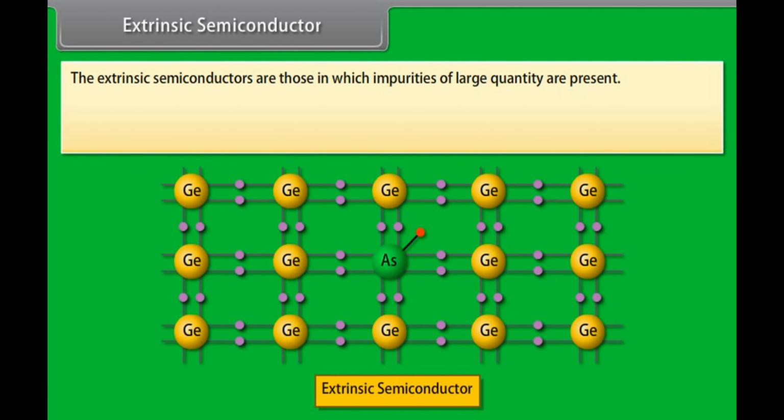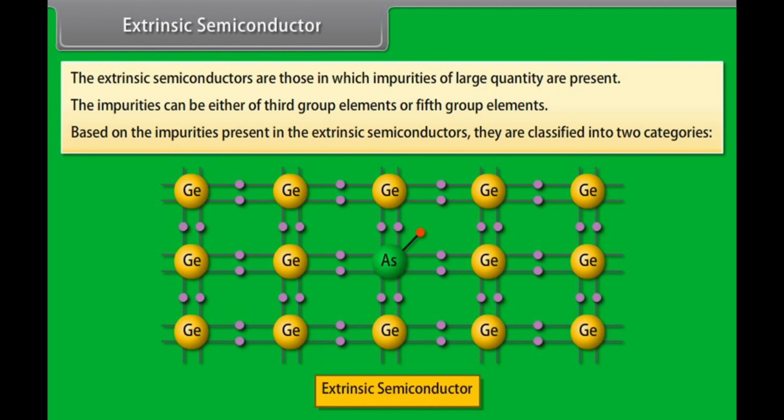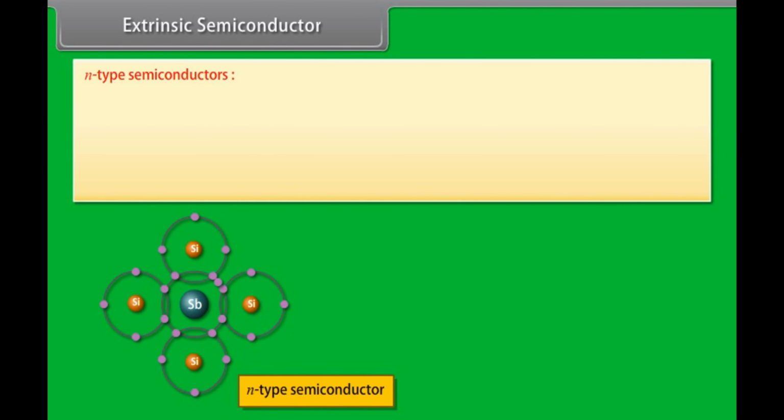Extrinsic semiconductor. The extrinsic semiconductors are those in which impurities of large quantity are present. The impurities can be either of third group elements or fifth group elements. Based on the impurities present in the extrinsic semiconductors, they are classified into 2 categories. N-type semiconductor.